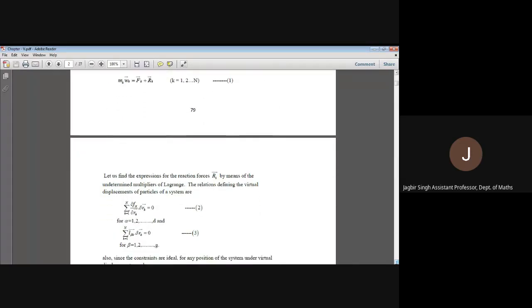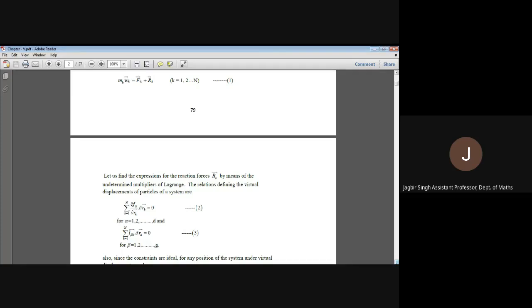Now we are to obtain the reaction forces. Also, the equations for the virtual displacement were obtained yesterday: summation k from 1 to capital N, curly f alpha by curly rk del rk equal to 0, where alpha lies between 1 to d, and summation k from 1 to capital N, L beta k del rk is equal to 0, where beta lies from 1 to g.